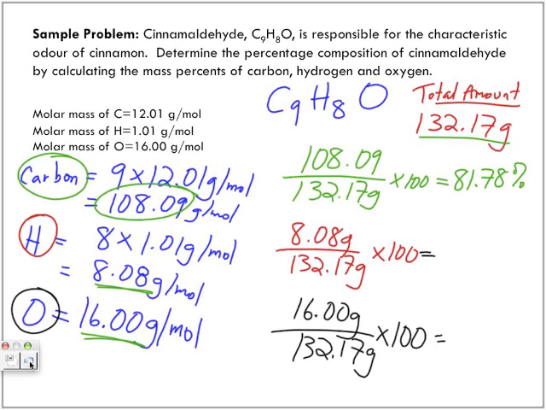When we divided the hydrogens, what did we get? And lastly, when we divided the oxygens, what did we get? 12.11%.